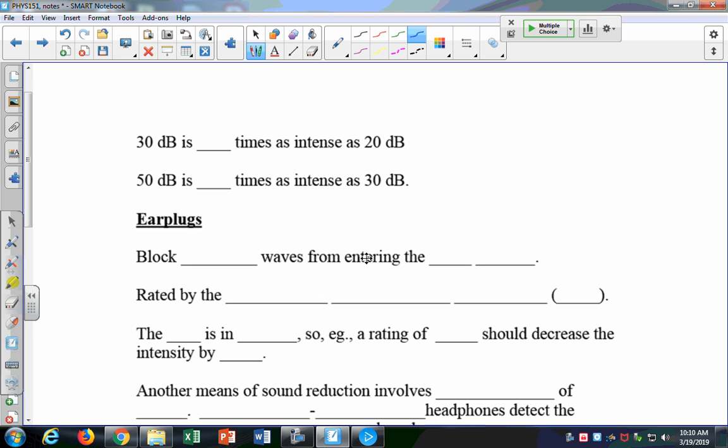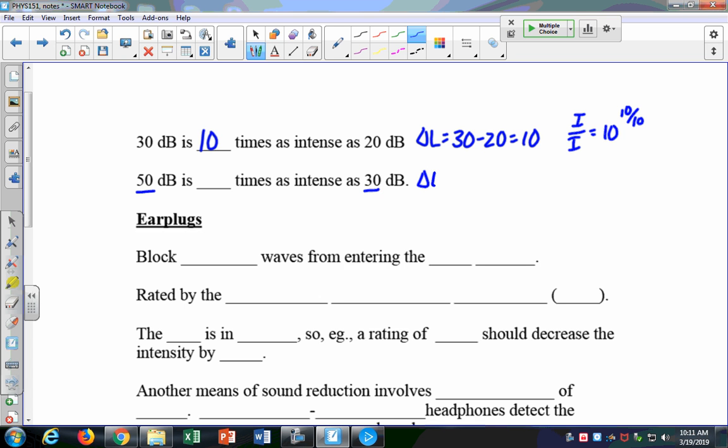So for example, 30 decibels is 10 times as intense as 20 decibels, right? Because that's a delta L of 30 minus 20 equals 10. So the ratio of my intensities is equal to 10 to the 10 over 10. That's just like we did before, right? However, let's say I have 50 and 30.